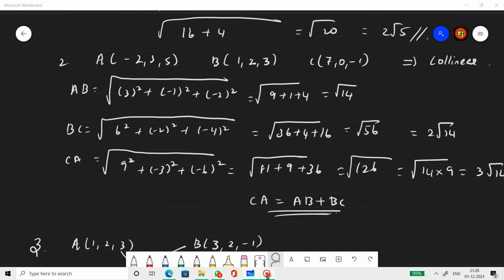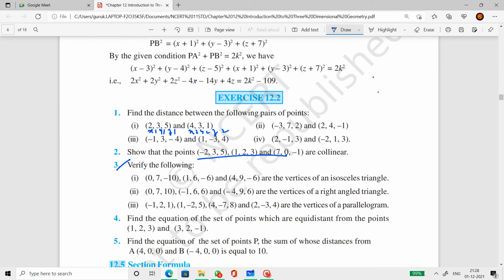Alright. Third question, we have to prove that the following is an isosceles triangle. Verify whether the following points form a right isosceles triangle, right angle triangle, and then a parallelogram. Well, find the distance for all the three, like distance AB, distance BC, and distance CA.